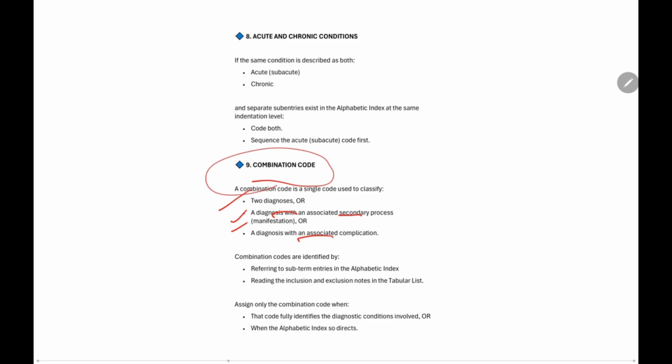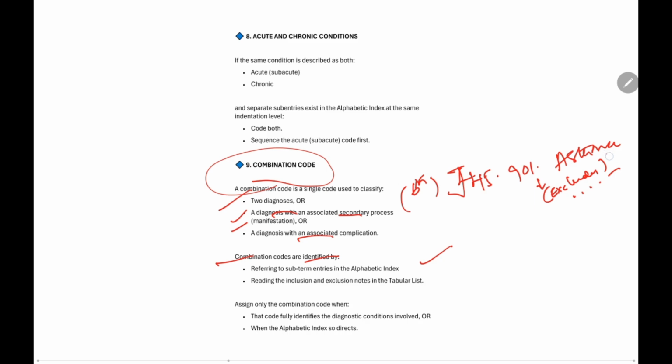So where can you identify combination codes? You don't have to memorize everything. You just refer to the alphabetic index and then see the inclusion and exclusion notes. For example, take J, sixth character, asthma codes. Here you can see in the subentry an excludes note, so that is not part of asthma.